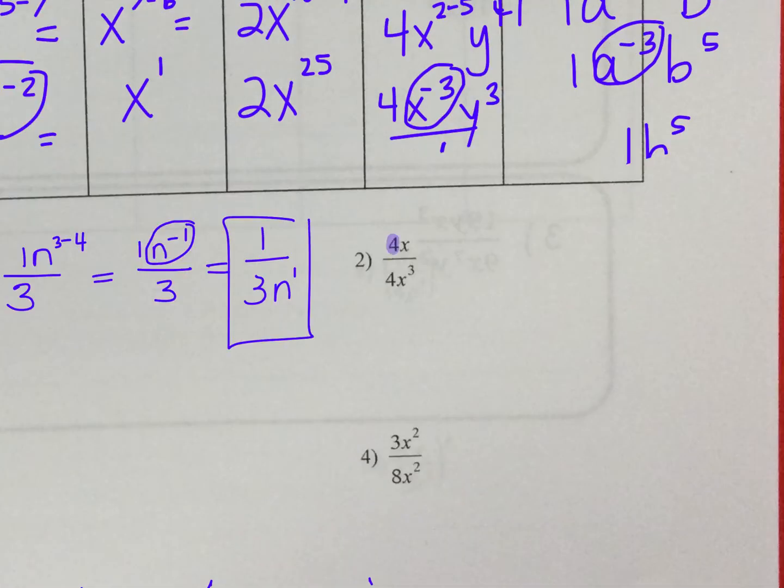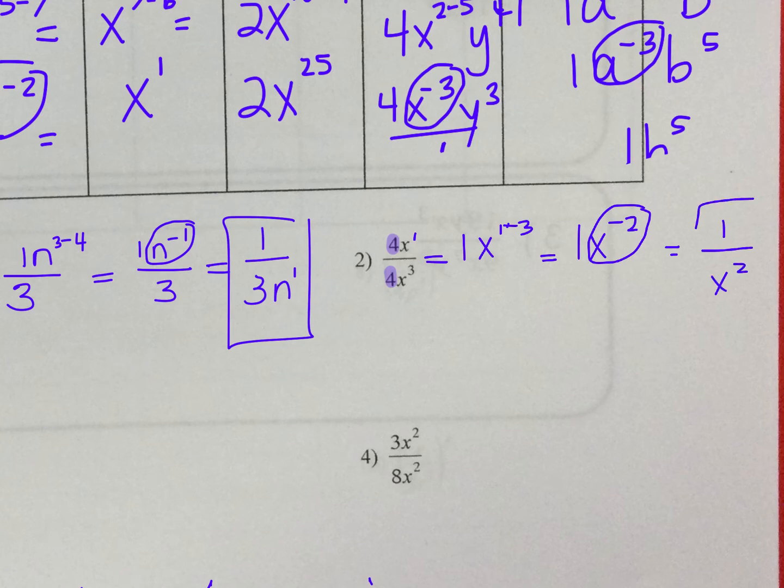In number 2, we're going to divide 4 divided by 4. When you divide that, you get a 1. We're going to copy the variable, and we're going to say 1 minus 3. So that leaves me with 1x to the negative 2. That part is illegal, so the 1 stays on top, and the x squared goes to the bottom.